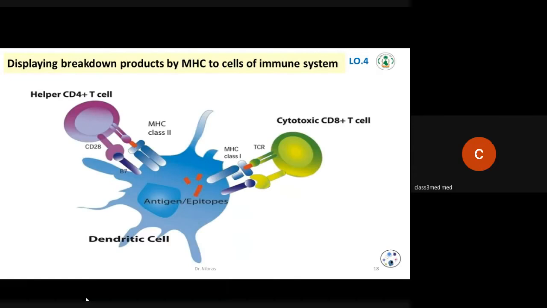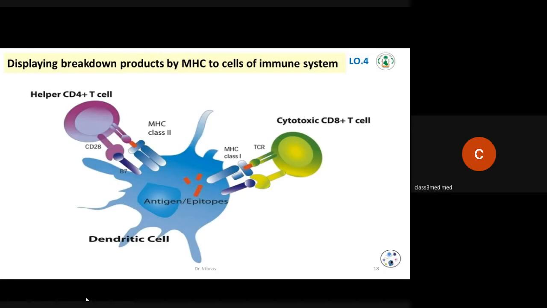Is that clear? While on the other side, if the cell is, for example, a virally infected cell, meaning the virus has caused an infection inside the cell. In this case, as you know, the virus will use the genetic machinery of the cell, its DNA, so the protein that is encoded is partly from the virus.